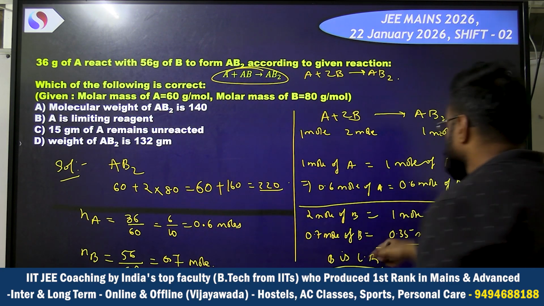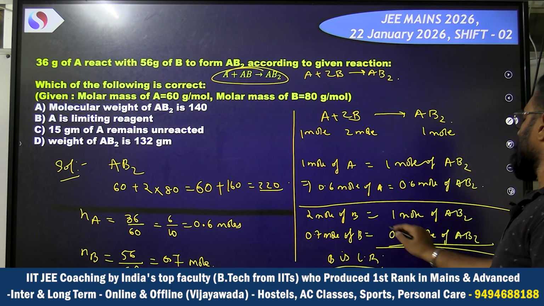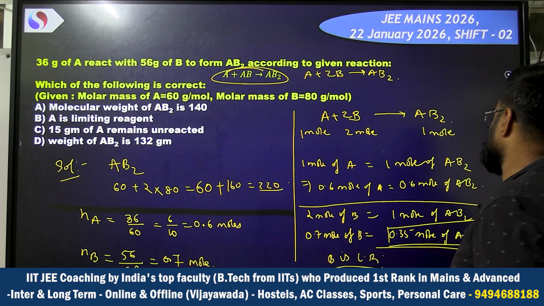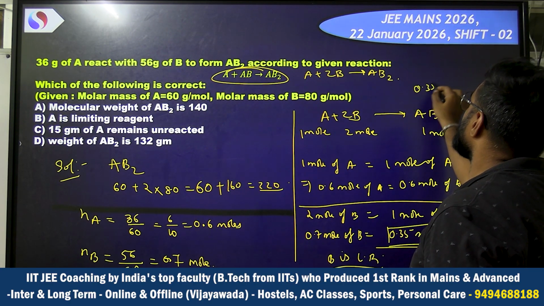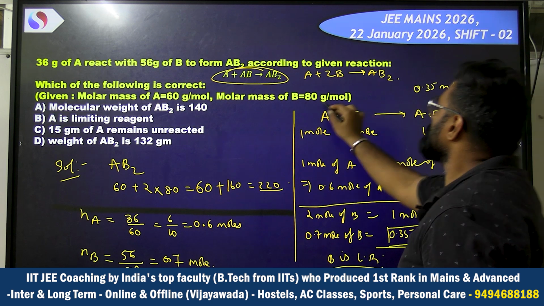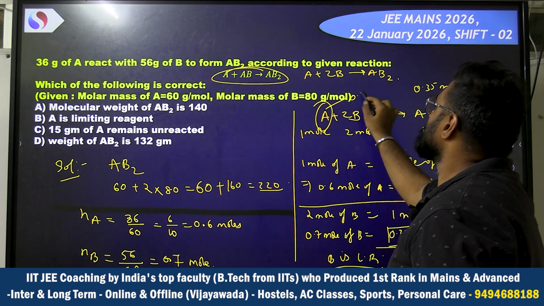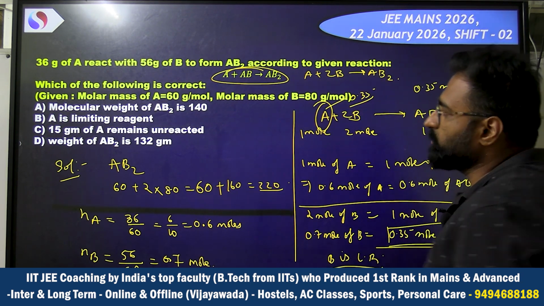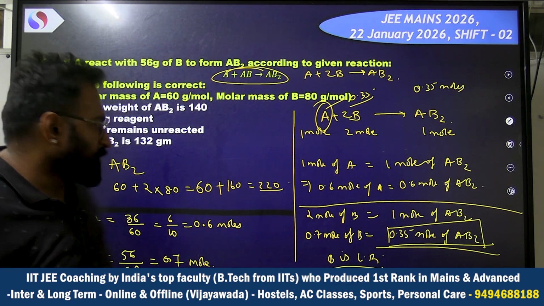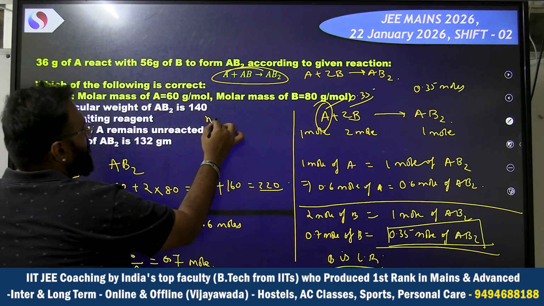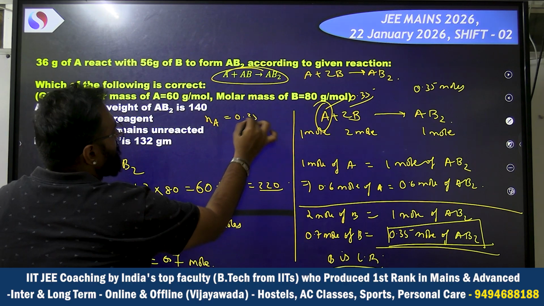Now let us cross verify. If 0.35 mole is produced, A will be again how much? 0.35 mole consumed. The number of moles of A is 0.35.